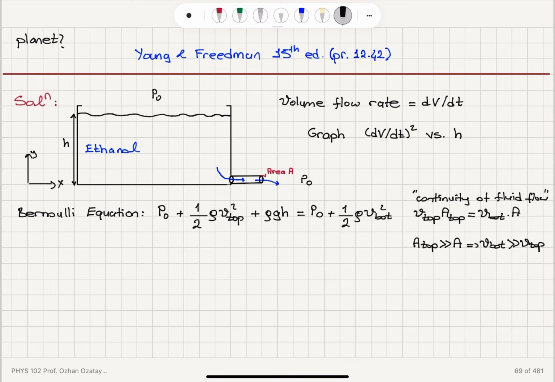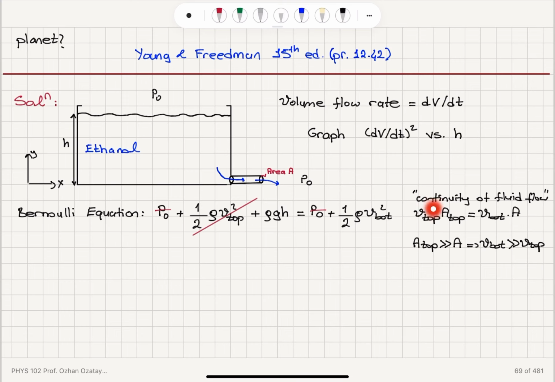So the top flow speed can be neglected compared to the bottom. And at the same time, we have the same outside pressure, so the P0s disappear from Bernoulli's equation. And by the way, this is the volume flow rate.